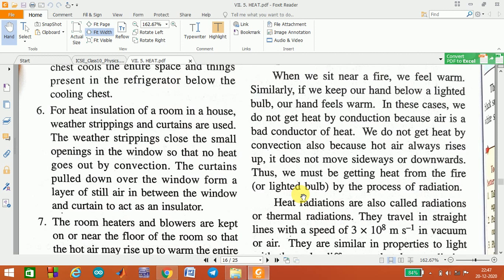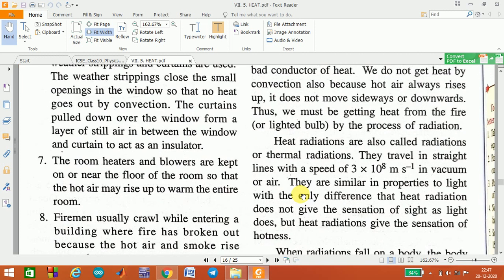Then the next one is number 7. The room heater and blower are kept near the floor of the room so that the hot air may rise up and warm the entire room. That's why ACs are always put above and room heaters are put down.